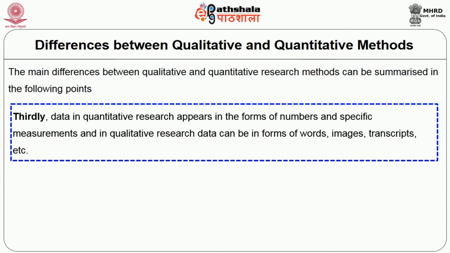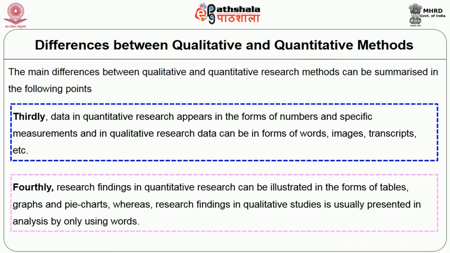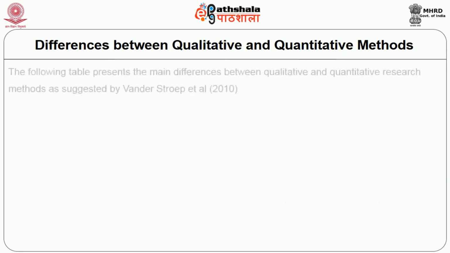Thirdly, data in quantitative research appears in the form of numbers and specific measurements, and in qualitative research, data can be in the form of words, images, transcripts, and so on. Fourthly, research findings in quantitative research can be illustrated in the form of tables, graphs, and pie charts, whereas research findings in qualitative studies are usually presented in analysis using only words.